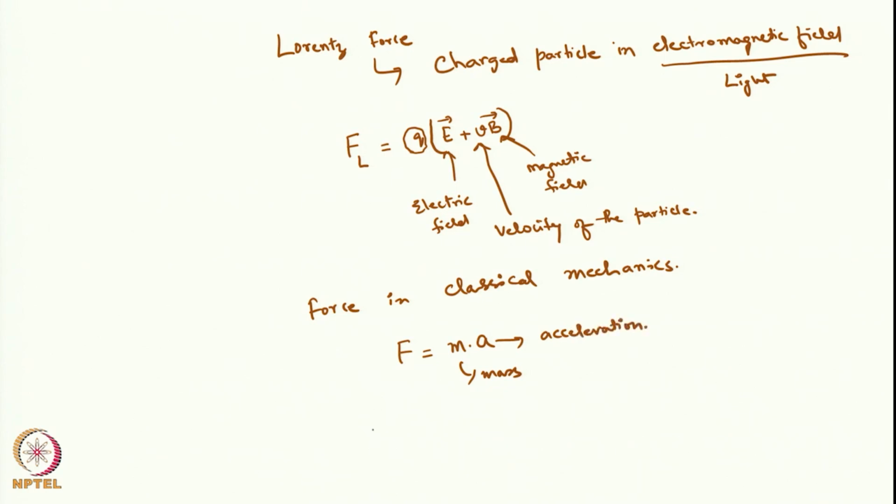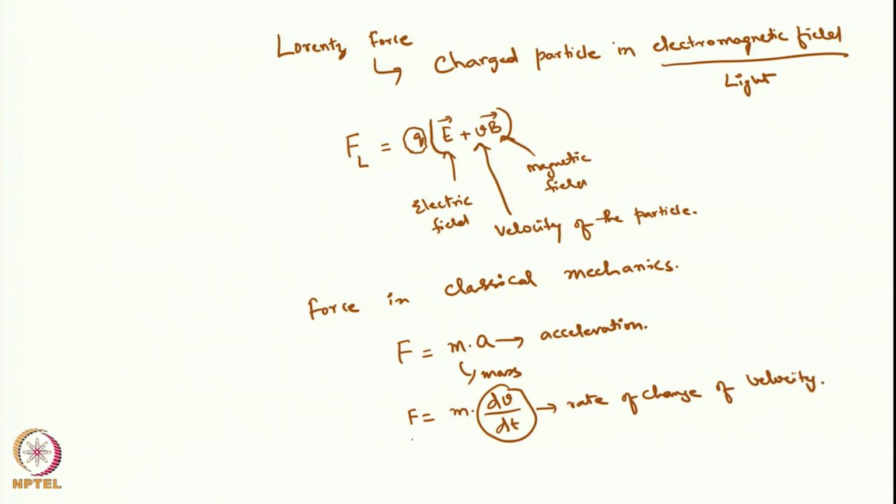Okay. Now, acceleration is nothing but rate of change of velocity. So F is equal to m times dv by dt, that is nothing but rate of change of velocity.